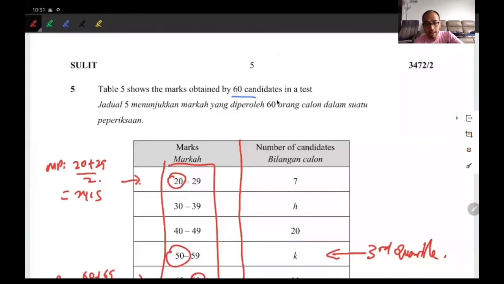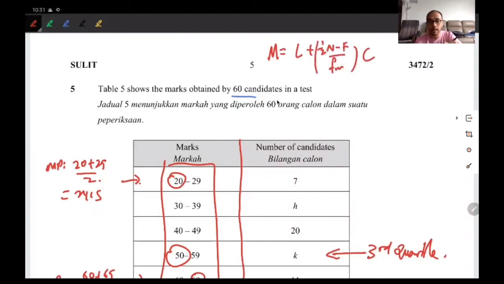The median is the lower boundary plus half n minus F over f_m times C. F is the cumulative frequency before the median class, f_m is the frequency at the median class, and C is the class size. So Q3 will be the same: L_Q3, the lower boundary of the third quartile, plus 3 over 4 n minus F_Q3 over f_Q3 times C.